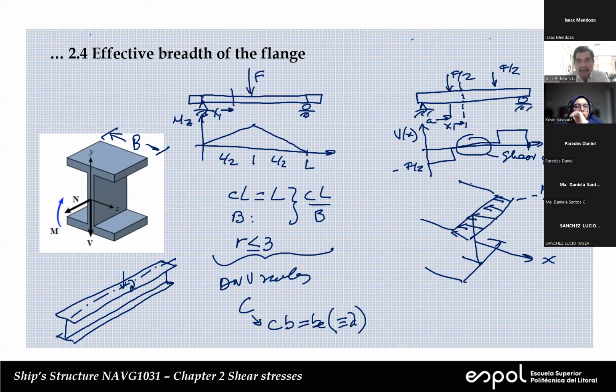Mr. Romero, who is in your group? Number 8. Who are your teammates? Ronald Villalba, Palma María José, Chiriboga. Okay, so that's 4. Have you talked about this report?